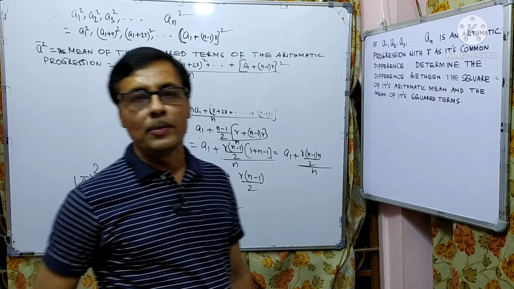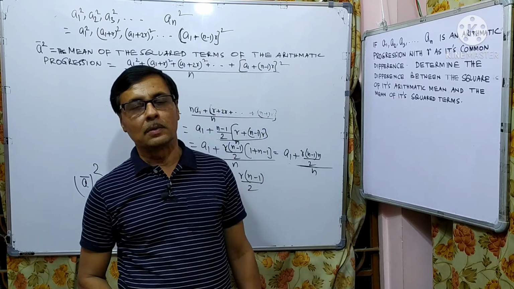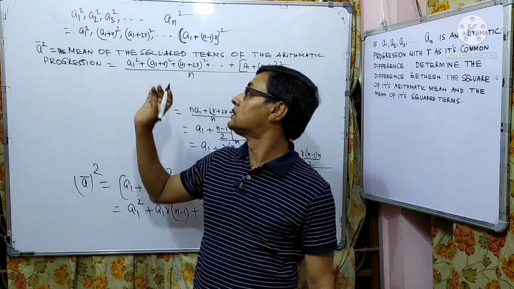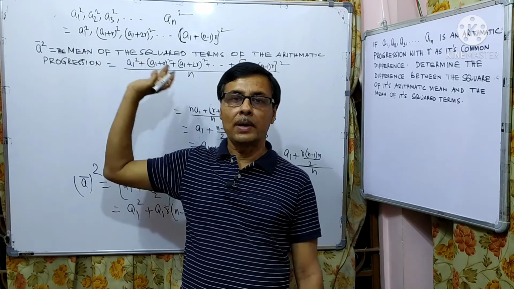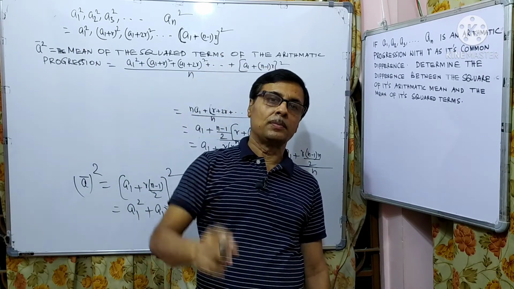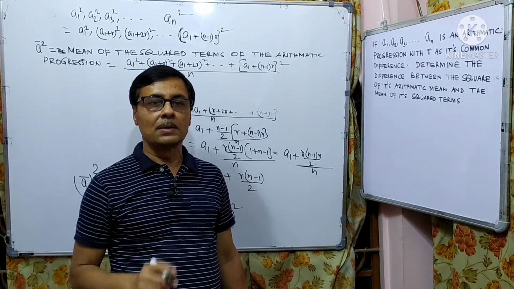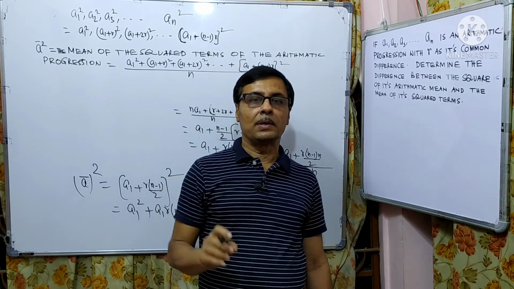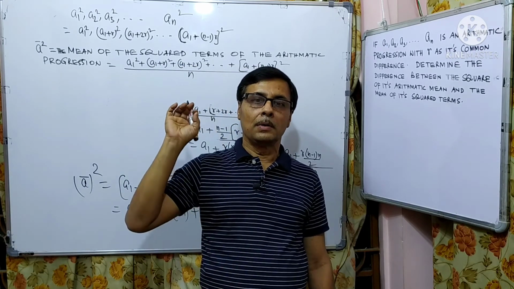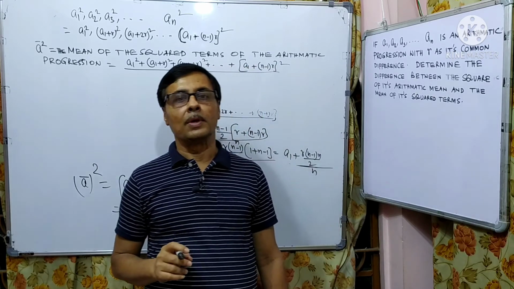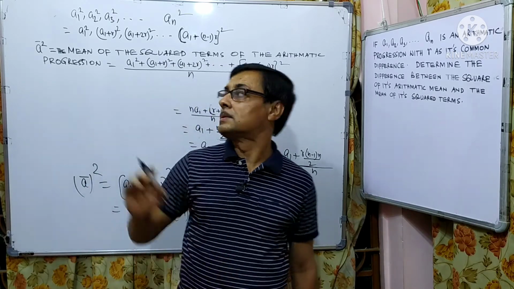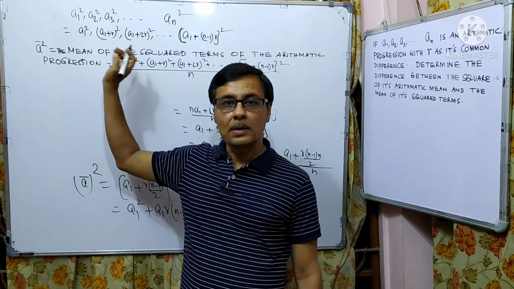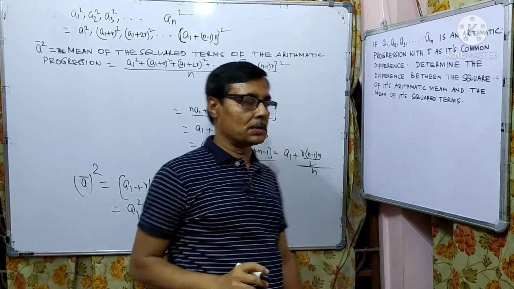The arithmetic progression was a1, a1 plus r, a1 plus 2r, and so on. The last term is a1 plus n minus 1 into r.